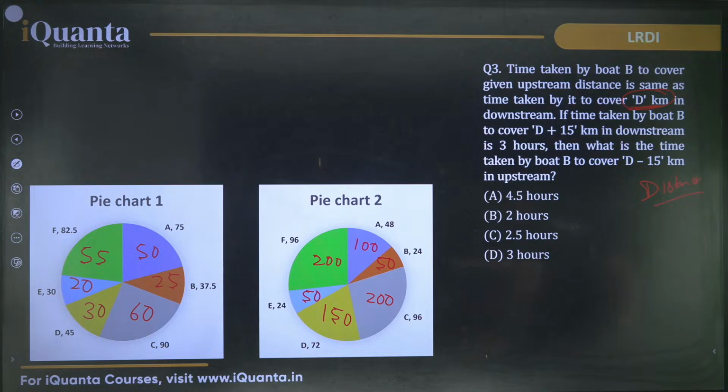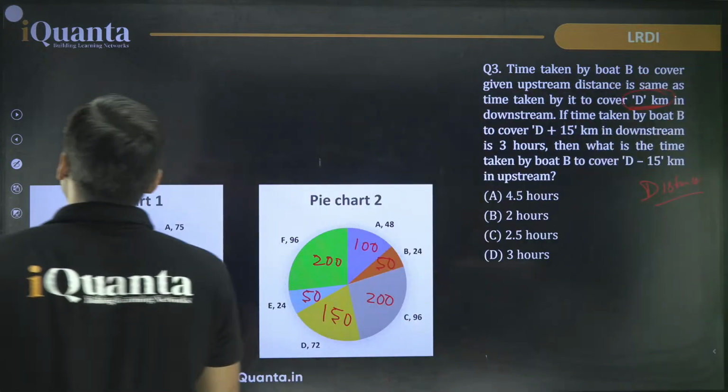D को ही ले लो. Unknown. हाँ, फर्स्ट क्वेश्चन के आंसर में चेंज नहीं होगा.